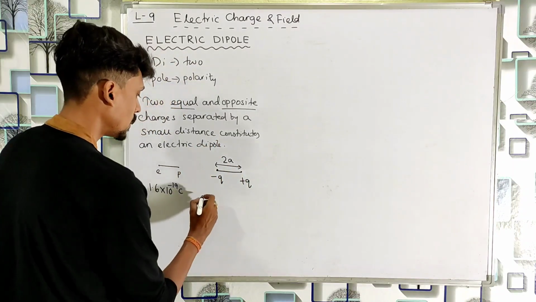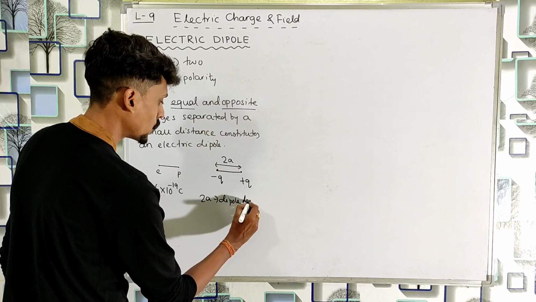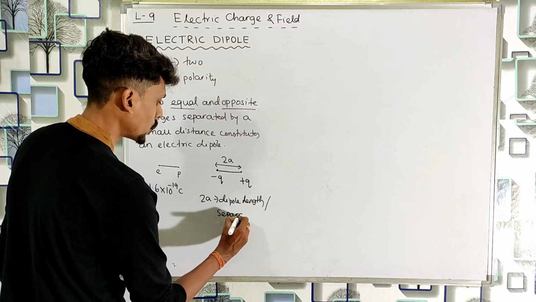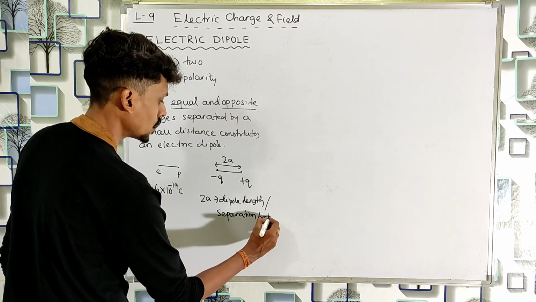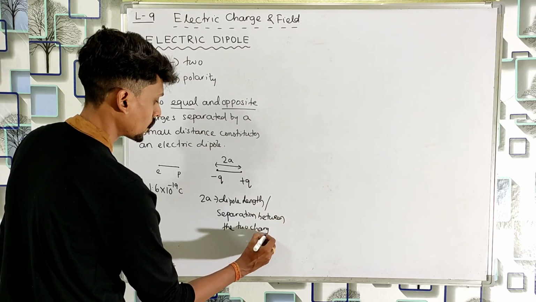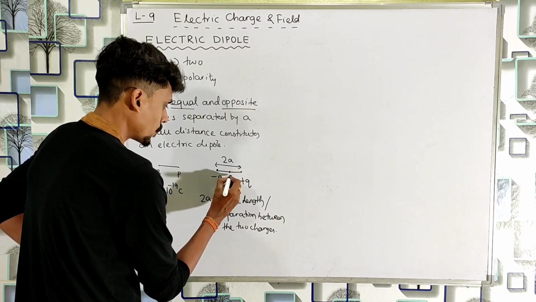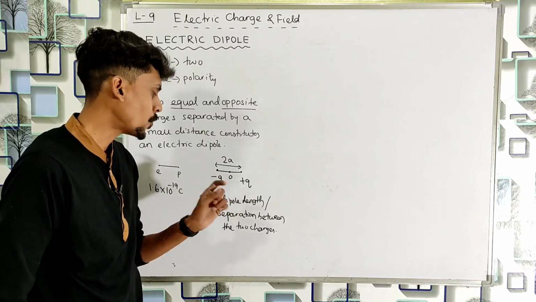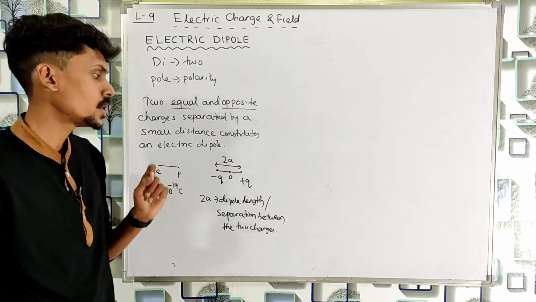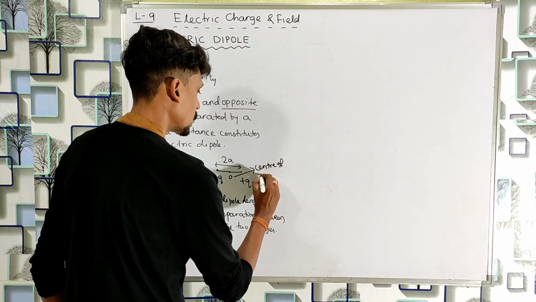You can say that this is the separation between the two charges. If this point O is the midpoint of the line joining the two charges, then point O is known as the center of the dipole.